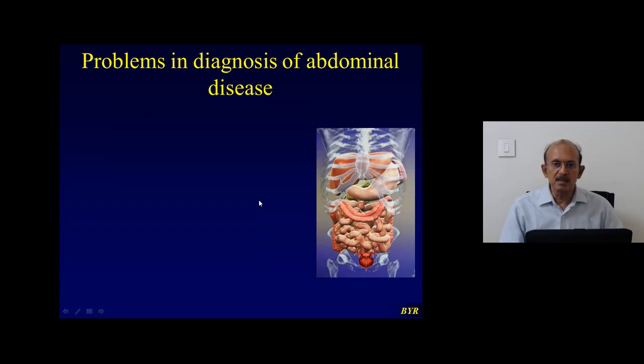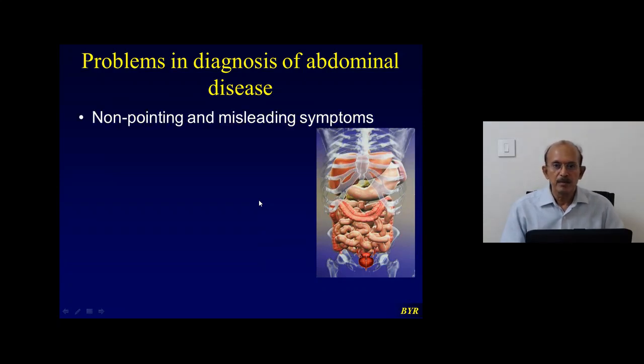Problems with the diagnosis. It is non-pointing and misleading. What is meant by non-pointing? For example, if the right iliac fossa organ is diseased, the commonly diseased organ in the right iliac fossa is the appendix.